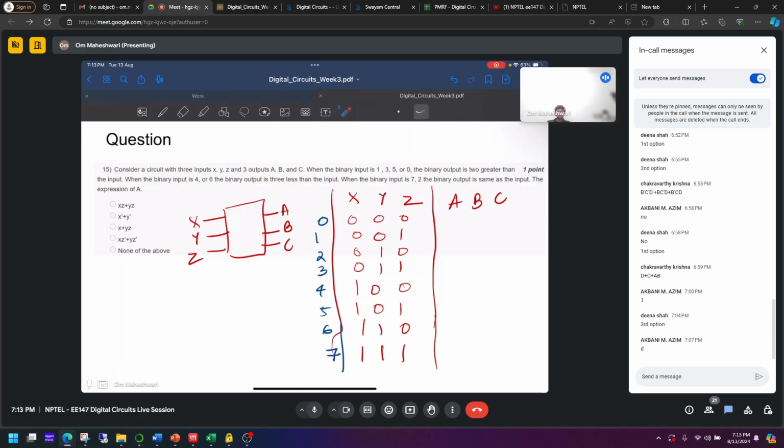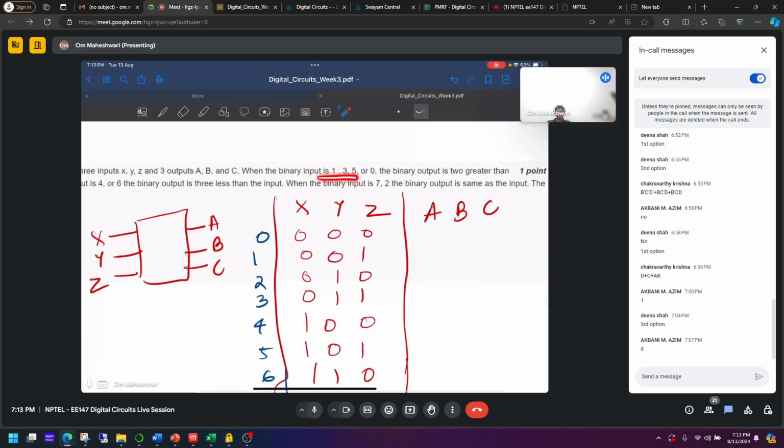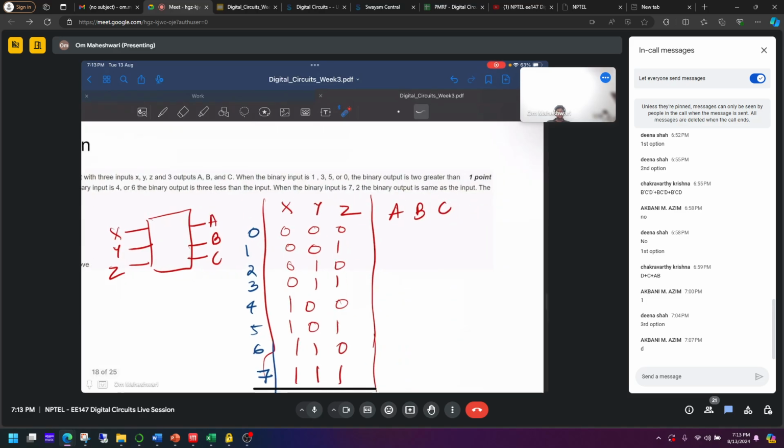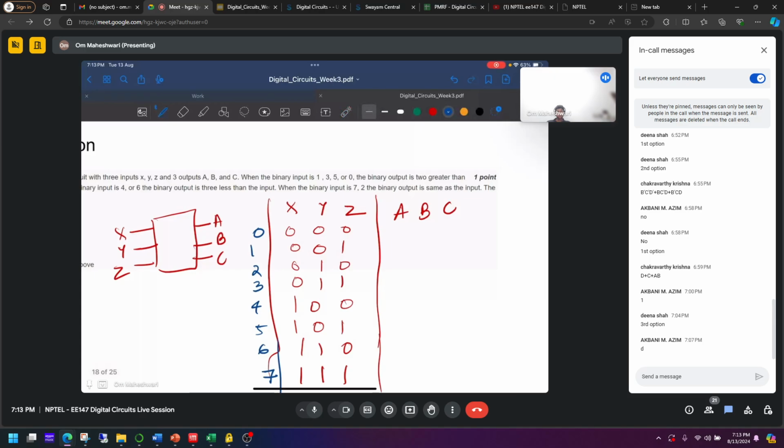So the question says when the binary input is 1, 3, 5, or 0, the binary output is 2 greater than the input. So when input is 1, 3, 5, or 0, output is input plus 2, that is 3, 5, 7, and 2.